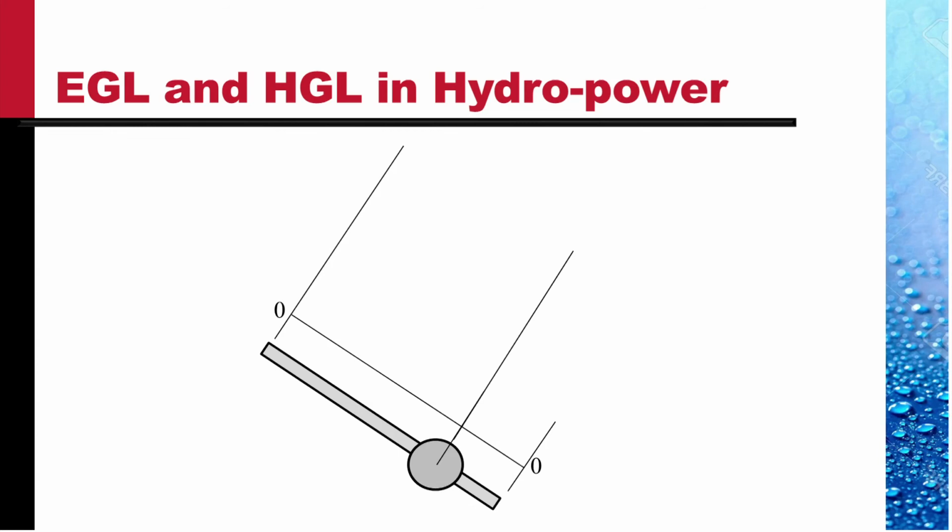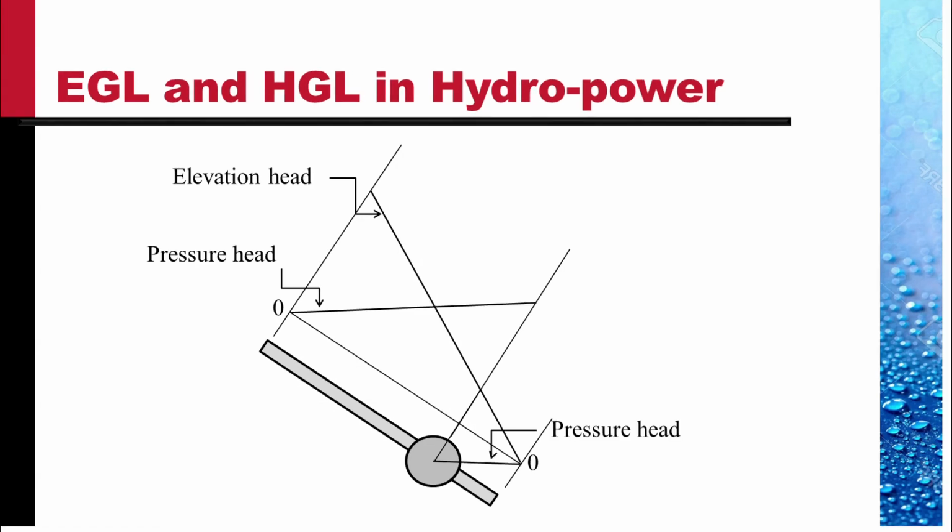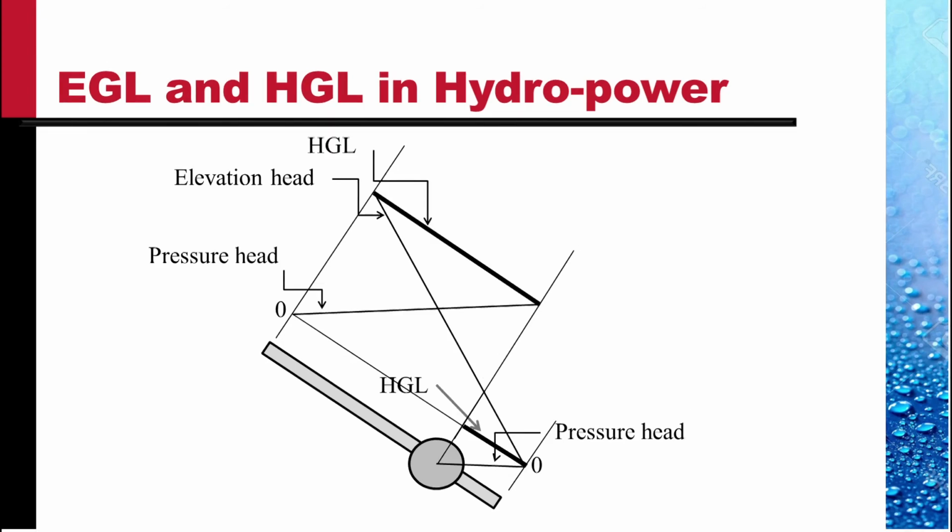We plot the energy grade line and the hydraulic grade line for this hydropower setup, and we do this in an inclined coordinate system. Let the Z0 line represent the datum, the elevation head, the pressure head. As we go down, the pressure increases. In the turbine, the pressure becomes negative after a while, and then it increases in the tail race. The hydraulic grade line is then the sum of the pressure head and the elevation head.